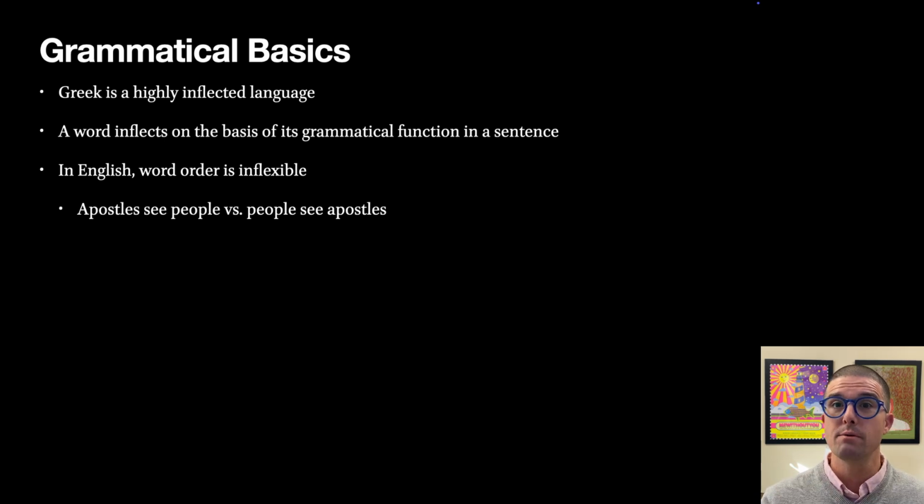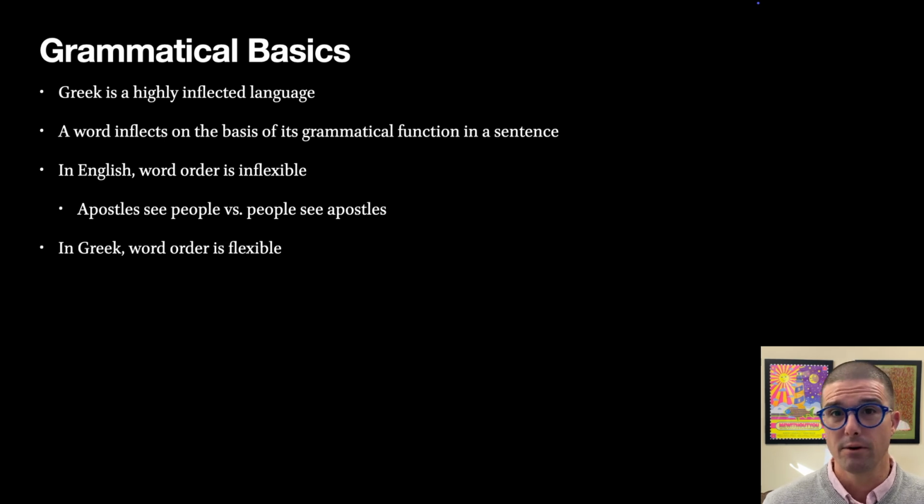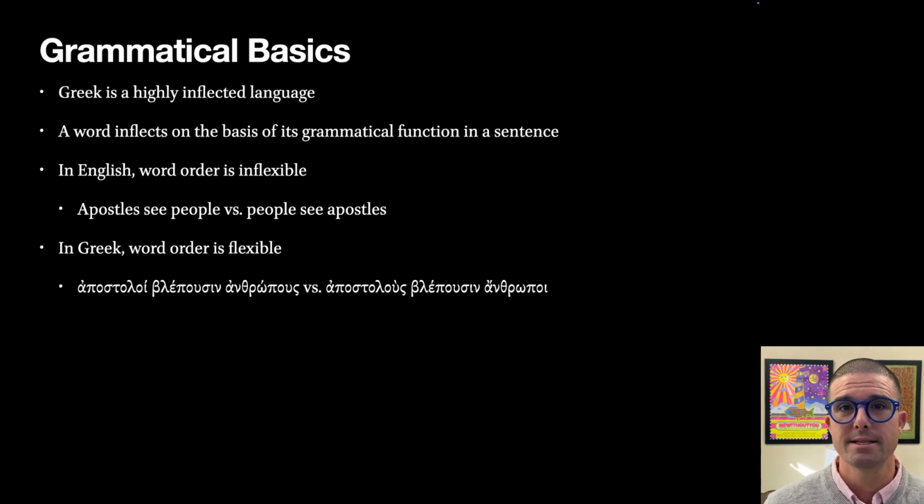If we flip those around and we put people see apostles, same exact words but in different order, the sentence means different things. In Greek, it's different. In Greek, word order is flexible. You could have the same words in the same order and mean different things because the form of the word would change just slightly to indicate what the subject of the sentence is. So for example, to put these two English sentences into Greek, apostoloi blepusen anthropous means apostles see people, with the apostles being the ones seeing the people, the anthropous.